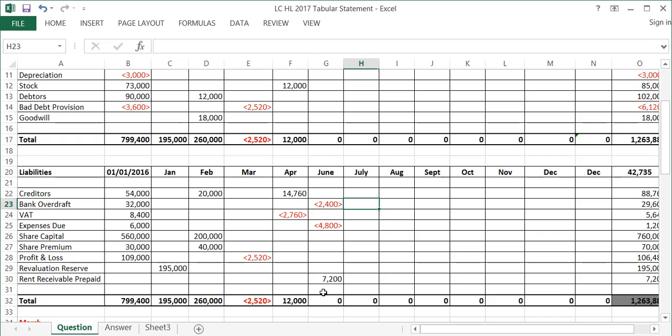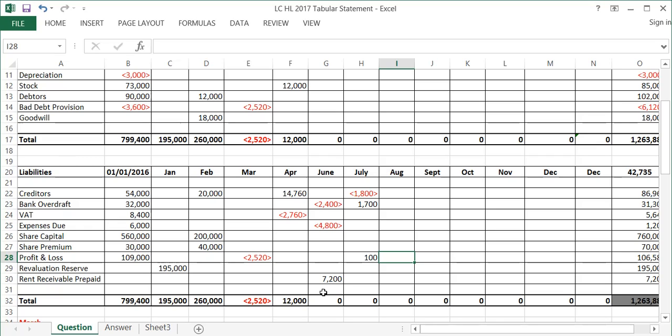So my bank overdraft is going to go up by €1,700 because I'm after paying out €1,700. I don't owe that creditor the €1,800 anymore, so creditors are going to go down by 1,800, and I have received a profit of 100 because I only paid out 1,700 and I owed 1,800, or received a discount of €100.